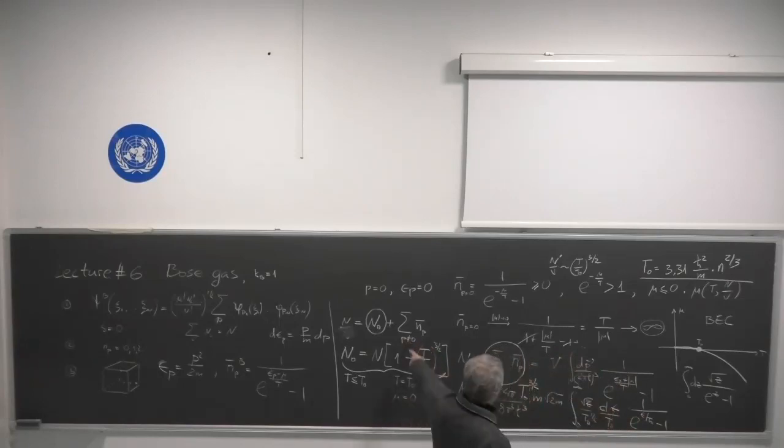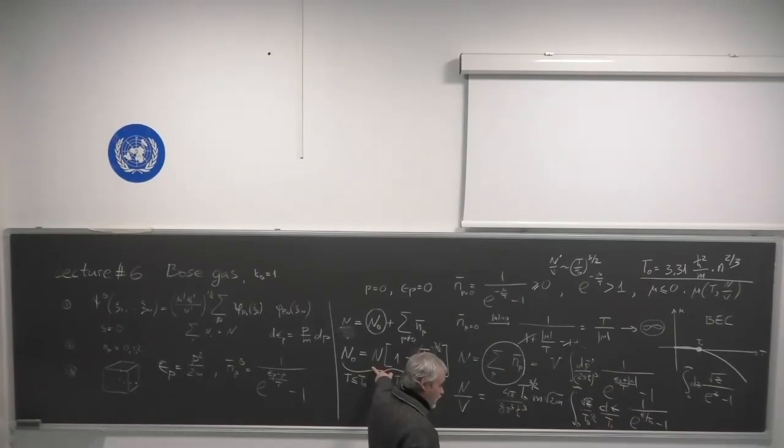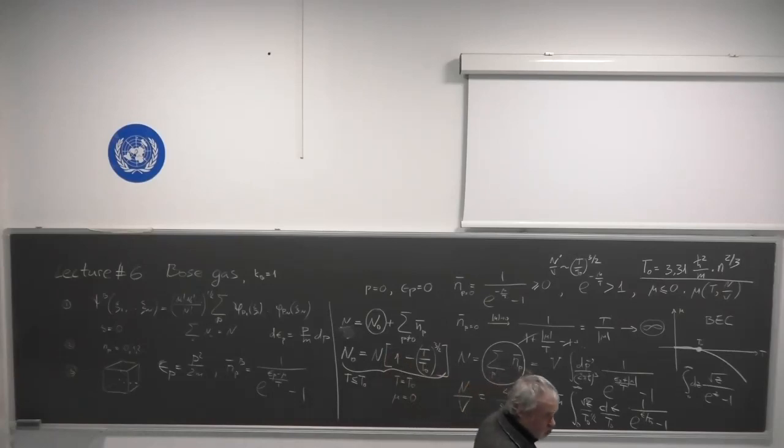If I collect this and use that N0 plus N prime is equal to N, I can express N0 in terms of the total number of particles or total density. If you want, I can divide the left-hand side and right-hand side by the volume, and I will get the same equation for density, which depends on the ratio of T and T0.